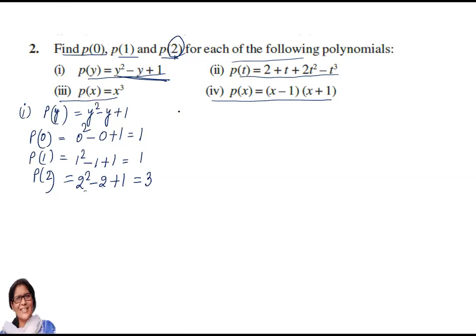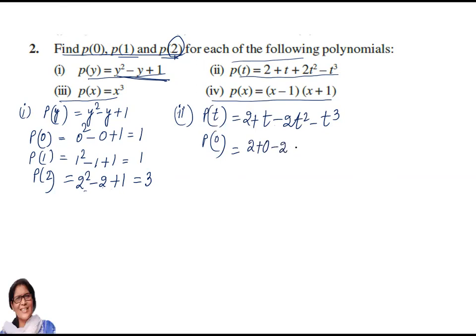Coming to second part. In second part, I'll put P(t) is equal to 2 plus t minus 2t square minus t cube. First I'll take P0. Same thing, 0, 1, 2. P0 means in place of t, I'll put 0. So 2, 0 minus 2 into 0 square minus 0 cube. What is the answer? 0, 0, 0, 2 is the answer.